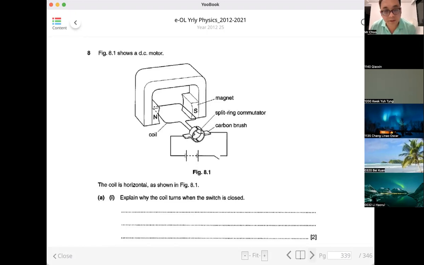Yiting, your first part is correct, but you need to explain a bit more. Based on this, I'll just give you 1 mark. You must tell me, left side, the force is up or down, right side up or down.